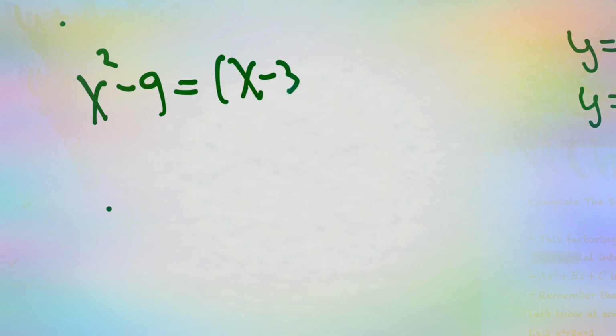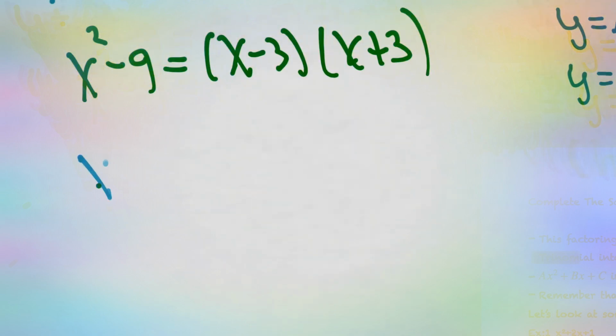The important thing to note is we're talking about this as it pertains to trinomials. We know, for instance, if we're talking about x squared minus 9, if we factor, we get x minus 3, x plus 3. But this is called a difference of squares.